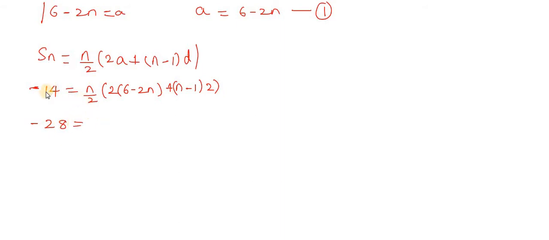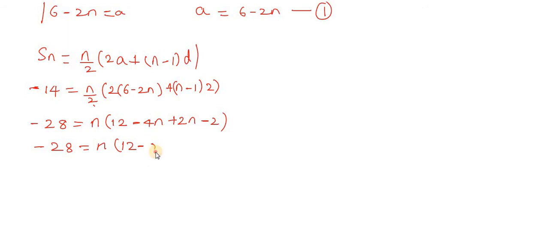Okay, so now we have 14 twos are 28, so minus 28 into n. Now simplify here. 6 twos are 12 minus 2 twos are 4n plus 2 into n, 2n minus 2.